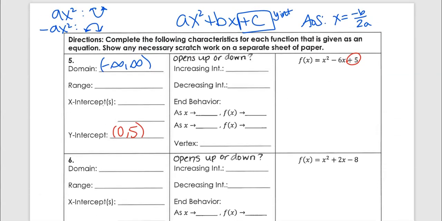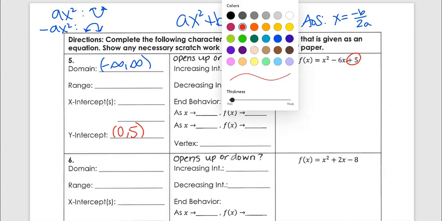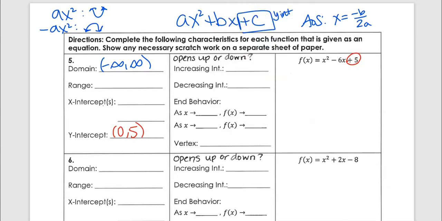All right, can I tell if it opens up or down? Yeah, it's going to open up. Good, because it's a positive x squared. So we know it's going to open up. It's going to definitely look like that. Increase, decrease. I know it's decreasing first, right? And increasing last, but I don't know where that turning point's happening. Does that make sense? I know we're going to start off decreasing and we're going to finish increasing, but I don't know where that turning point is happening at.